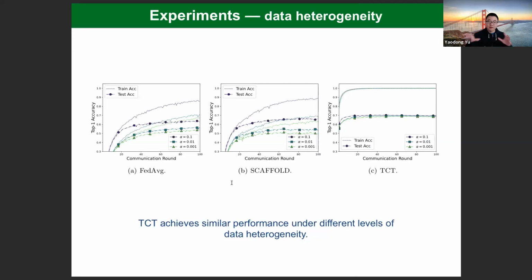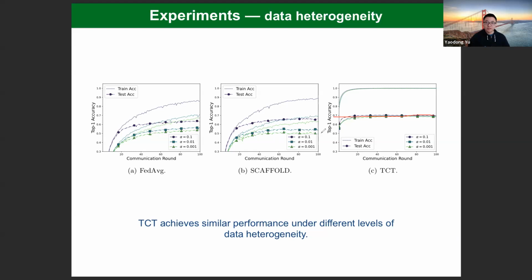So to further elaborate on that, this is a comparison on CIFAR-100. We are considering three different levels of data heterogeneity here. We're increasing the data heterogeneity level by decreasing the alpha parameter. So we found that for TCT, no matter what the alpha is, we achieve similar performance, regardless of the data heterogeneity.